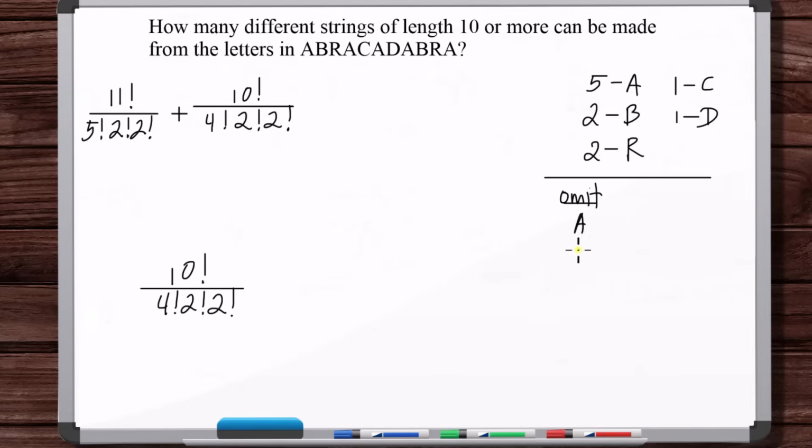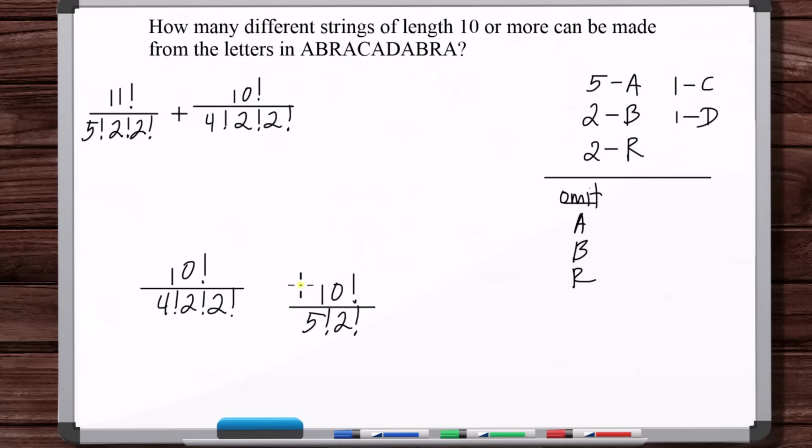Now, what if we omitted a B? Well, then we would have 10 factorial over just 2 factorial. Oh, no, but then the 5 factorial for the A's. Okay, but that's going to be the exact same thing for if we omit the R, right?